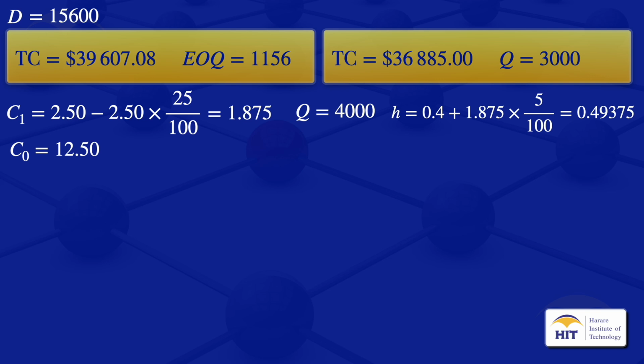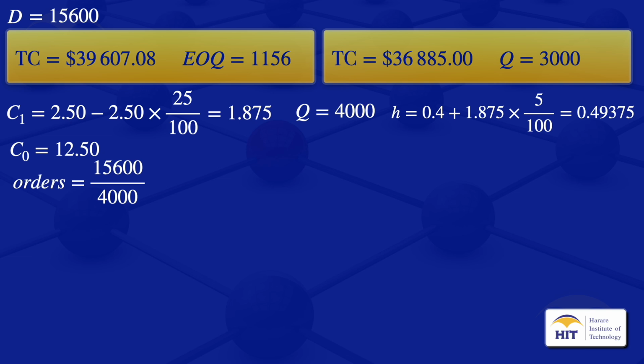We now need to calculate the number of orders that we make per year. Our demand is 15,600. And in this case, we are being asked to order 4,000 units. So the number of orders that we make per year is 15,600 divided by 4,000, and it gives us 3.9. But we need an integer value because this is the number of orders per year. So to see which value we can take, if we take the ceiling value of 3.9, it gives us a 4.